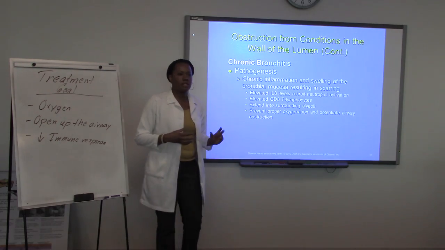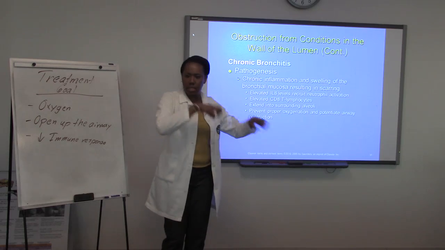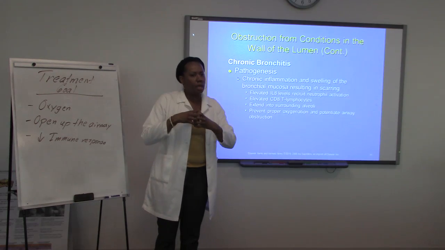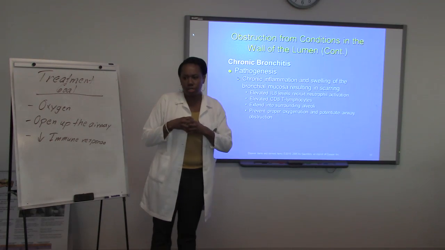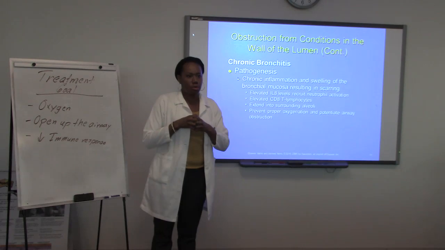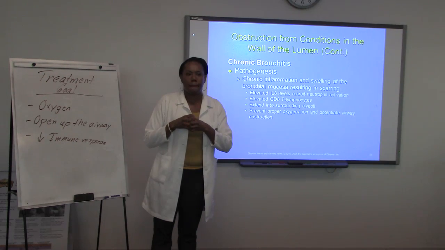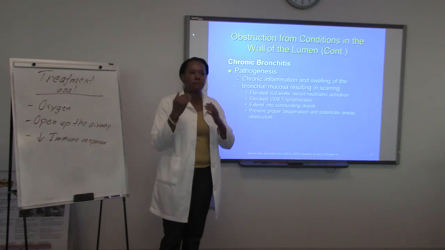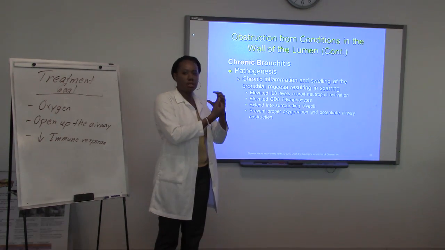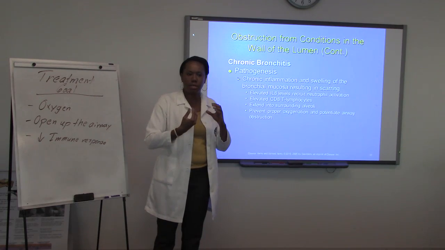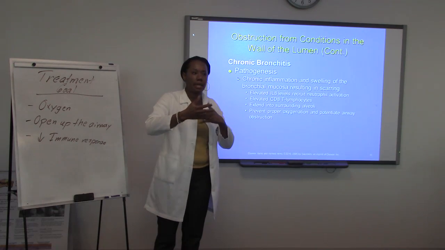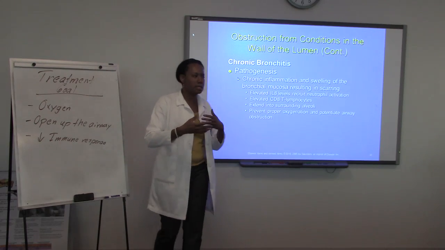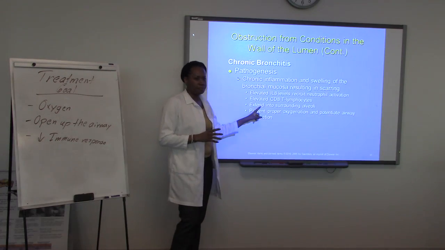If you have a bunch of immune cells pooling up in the alveoli, is this a good situation? No, because the alveoli is for what? Gas exchange. Just imagine a whole bunch of immune cells filling up and taking space in the alveoli. That will definitely impair gas exchange from taking place. So this is an issue.